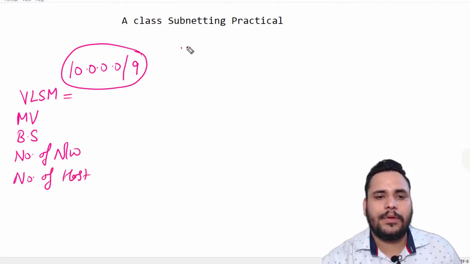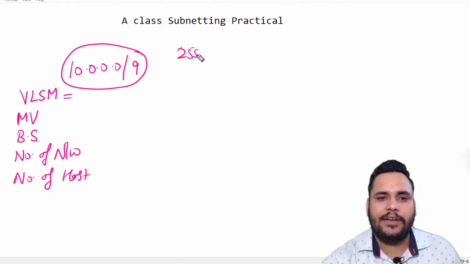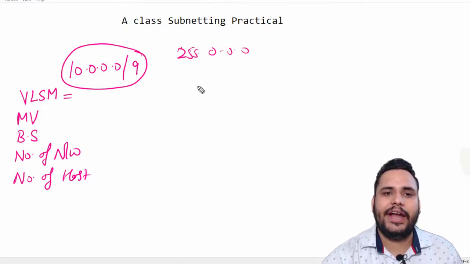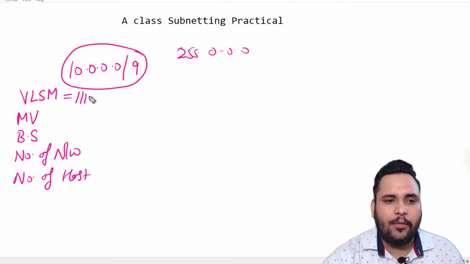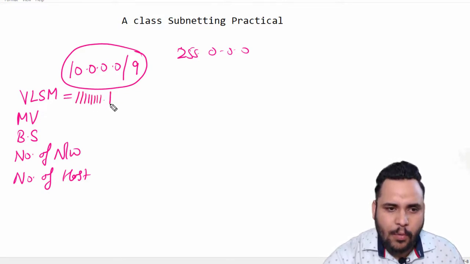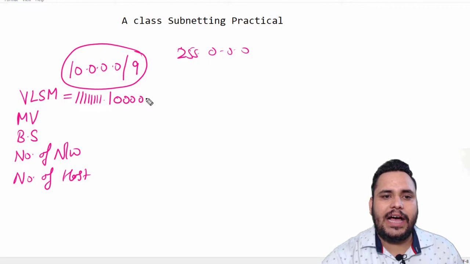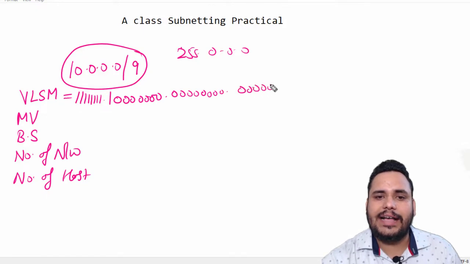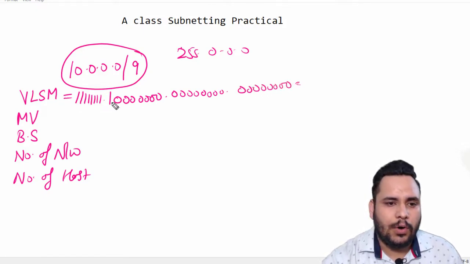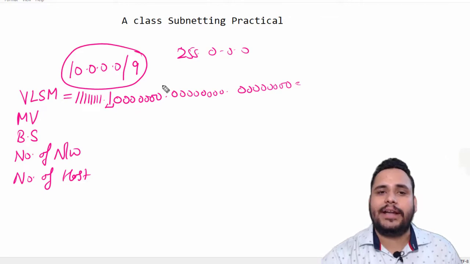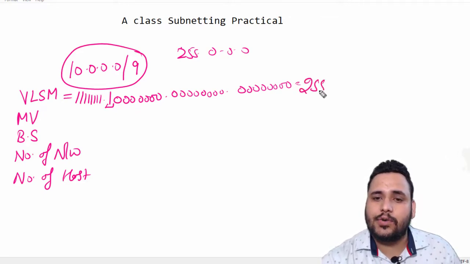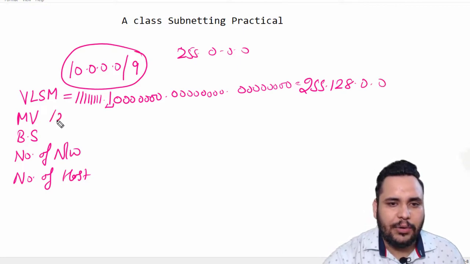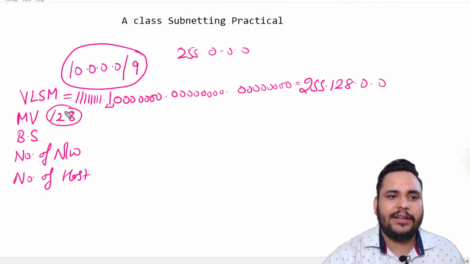In VLSM, we know that 255.0.0.0 is /8. So if we add 1 bit, 1, then the next bits are 0, 0, and at last it is 0. So only 1 bit as a subnet ID. So the subnet mask is 255.128.0.0. So the magic value is 128.